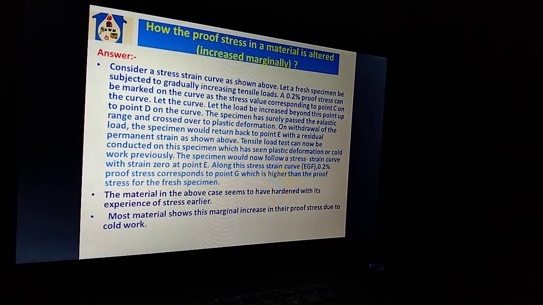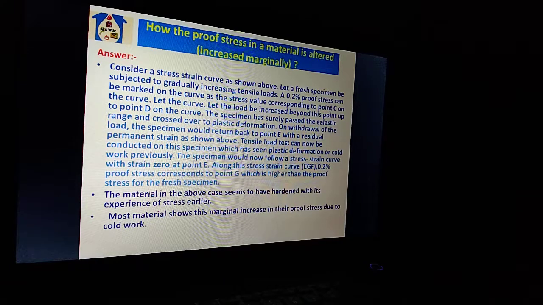Let the load increase beyond the point up to point D. On the curve, the specimen has surely passed the elastic range and crossed over into plastic deformation. On withdrawal of the load, the specimen would return back to the point E with the residual permanent strain as shown above.